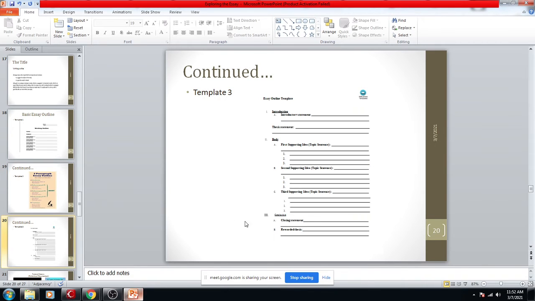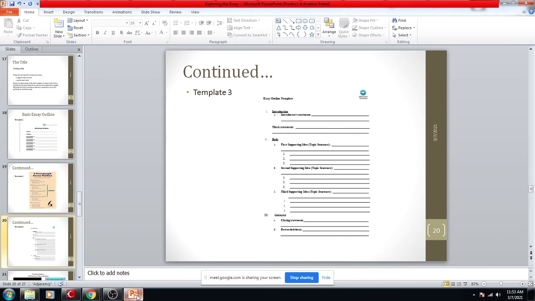Another template: the introduction, introductory statement, that's your hook, the thesis, and then the body, first supporting idea, topic sentence, second supporting idea, topic sentence.